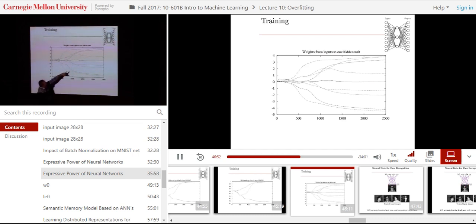I find it interesting that this particular weight ended up being 0 in the end. What that means is that there's 1 bit out of the 8 inputs that this hidden unit is just totally ignoring.